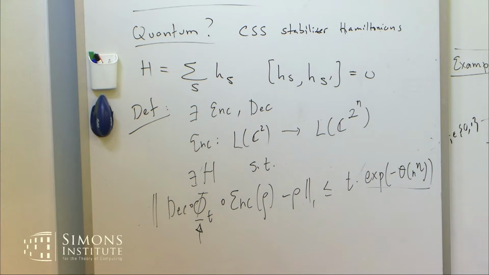But I haven't really specified this dynamics, phi t, yet. So this phi t is going to be some generalization of Glauber dynamics. So instead of doing Glauber dynamics like we did for the Ising model, we're instead going to run some more generic kind of open system dynamics.